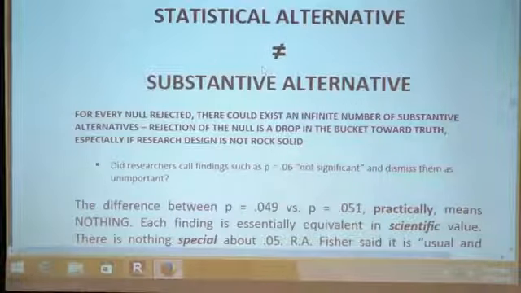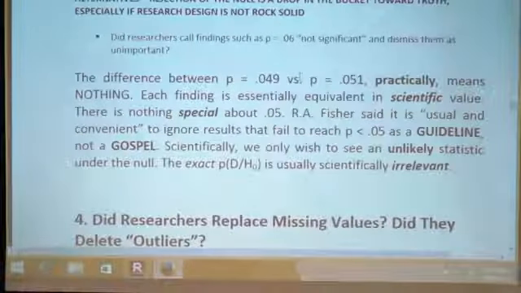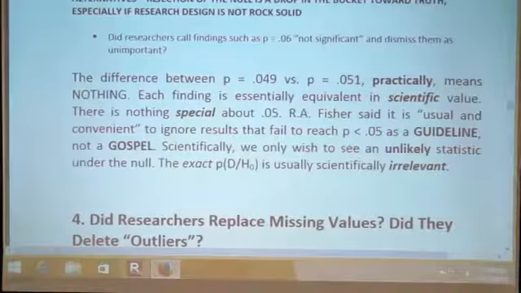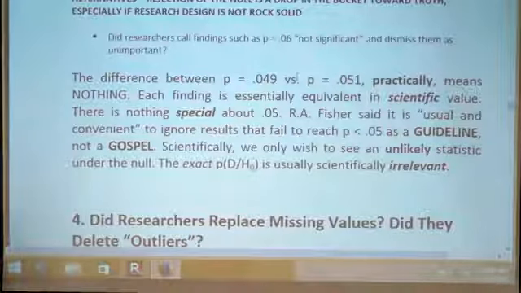Did researchers call findings such as p equal to 0.06 not significant and dismiss them as unimportant? The difference between p equal to 0.049 versus p equal to 0.051 practically means nothing.